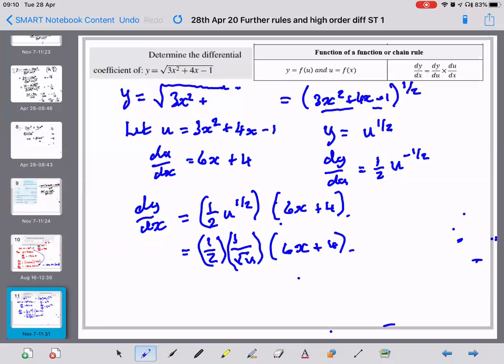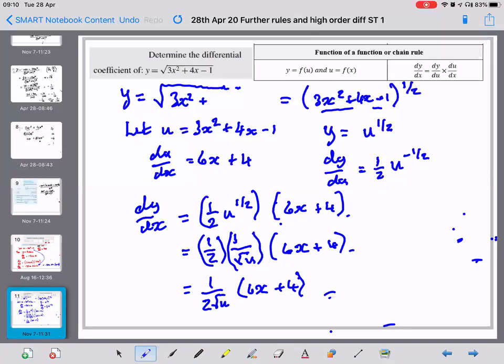And then that's actually 1 over 2 times root u, times 6x plus 4. Everyone happy?